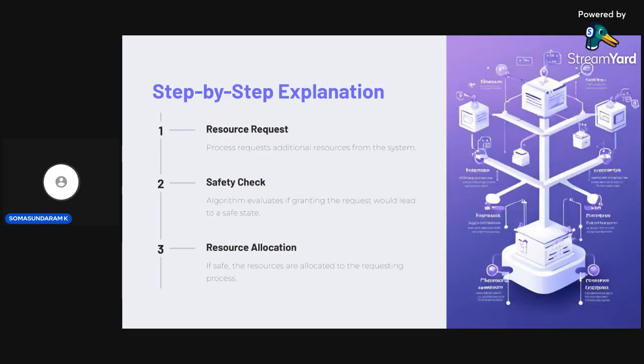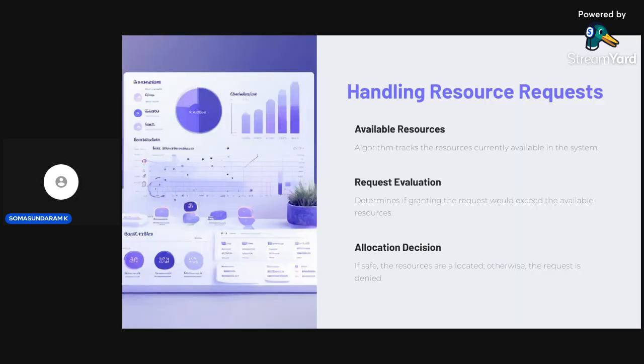Step-by-step explanation of the Banker's algorithm. Resource request: processes request additional resources from the system. Safety check: the algorithm evaluates if granting the request would lead to a safe state. Resource allocation: if it is a safe state, the resources are allocated to the requesting process.